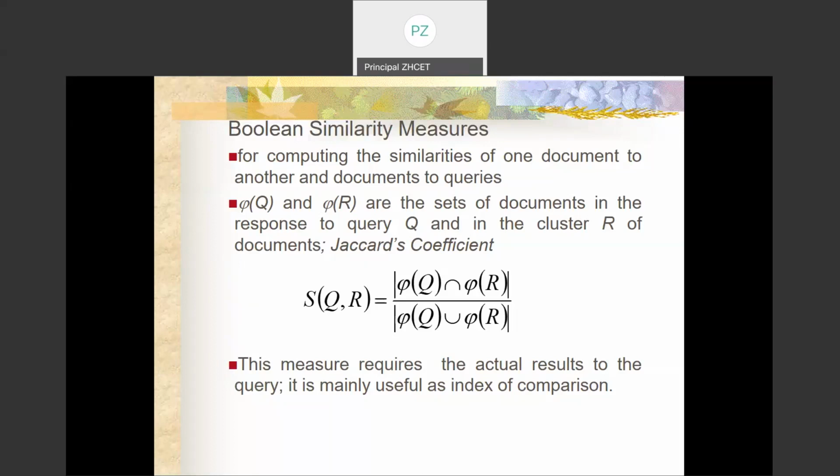Now, if we have such a complex Boolean query, how do we compare it with the documents in a corpus and select the documents? So essentially, it all boils down to finding out the similarity between two Boolean expressions. One Boolean expression could be the query, the other Boolean expression could be the document.